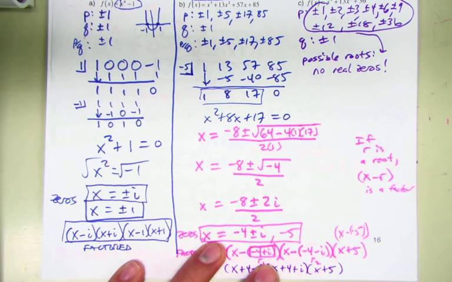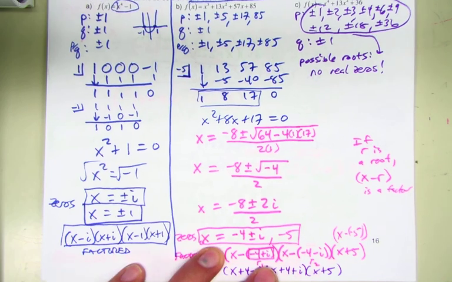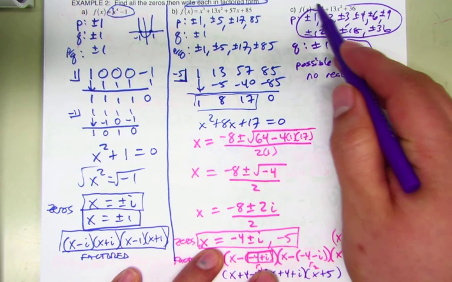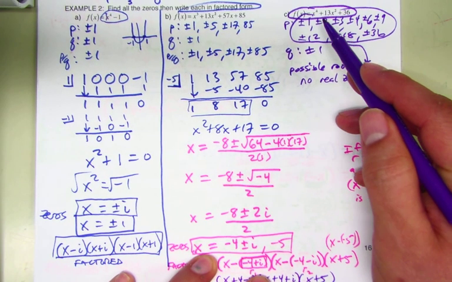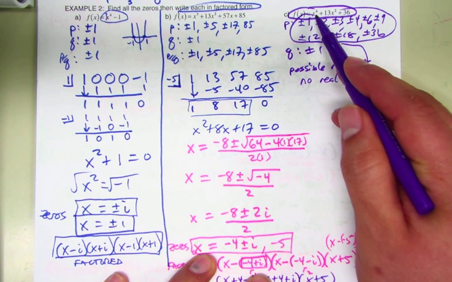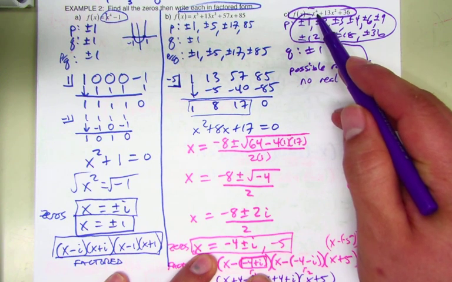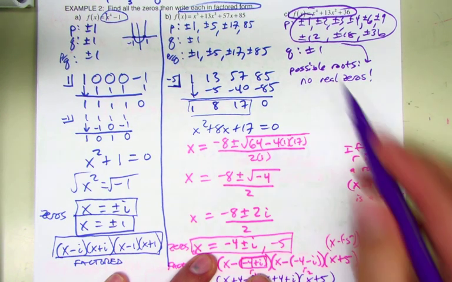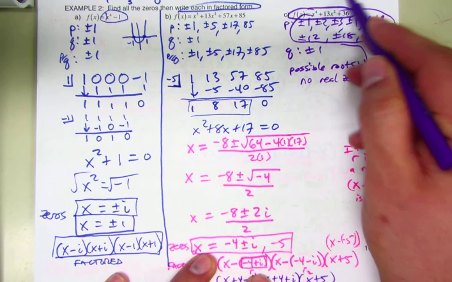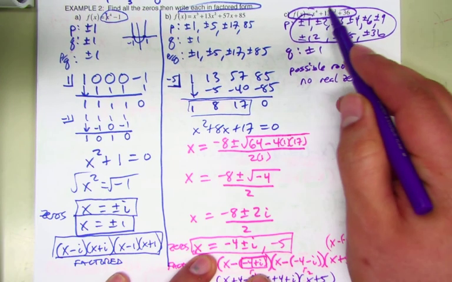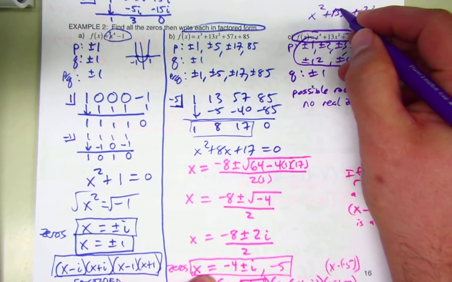Which then also means that this is going to factor very nicely, even though it's to the 4th. Think about normal quadratics. What if this were x squared plus 13x plus 36? How would you factor if it was just a normal quadratic like this?